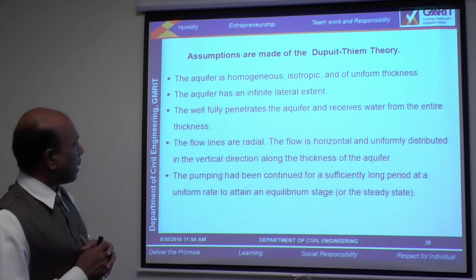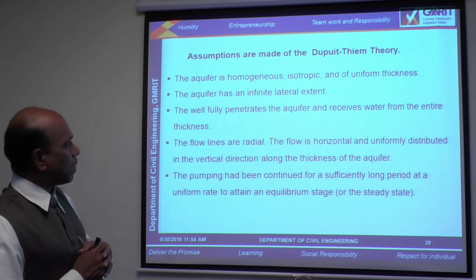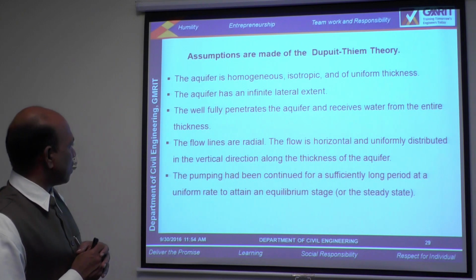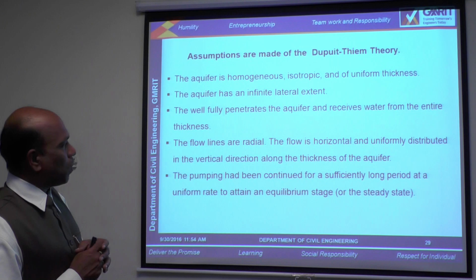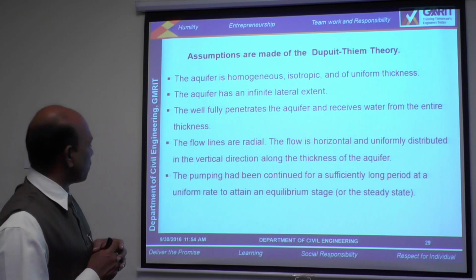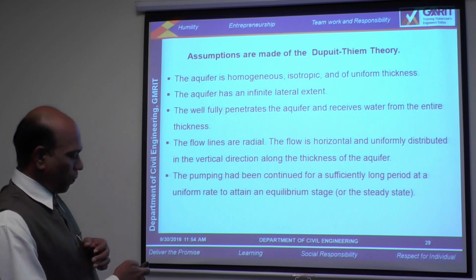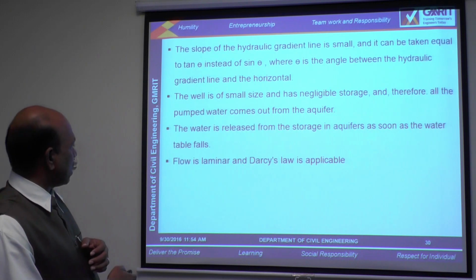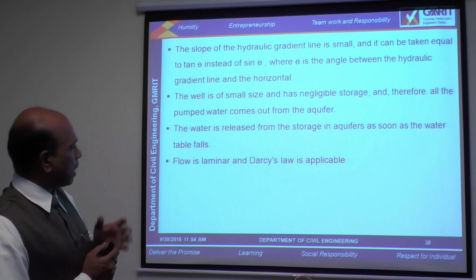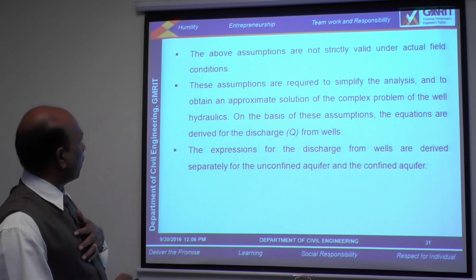The well fully penetrates the aquifer and receives water from the entire thickness. The flow is laminar, linear and radial. The flow is horizontal and uniformly distributed in the vertical direction along the thickness of the aquifer. They have also considered that the flow is laminar and Darcy's law is applicable.